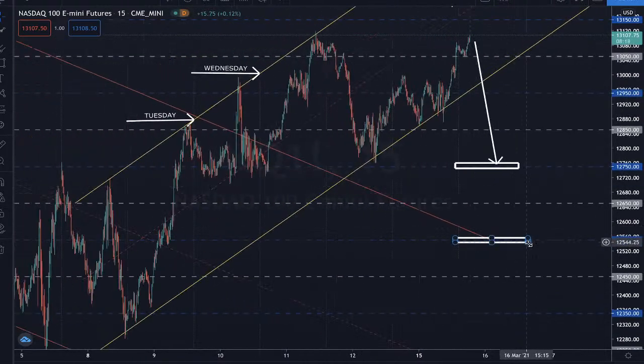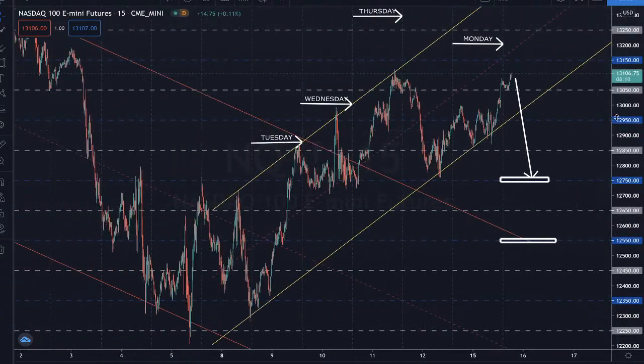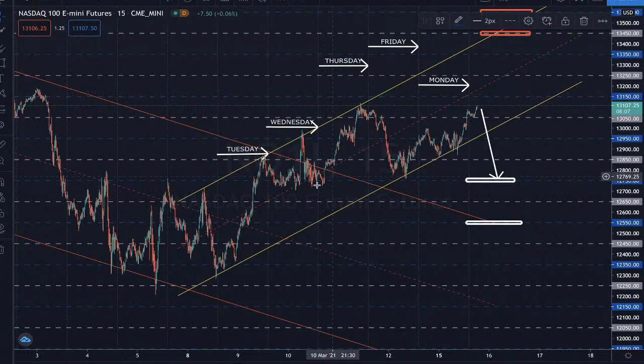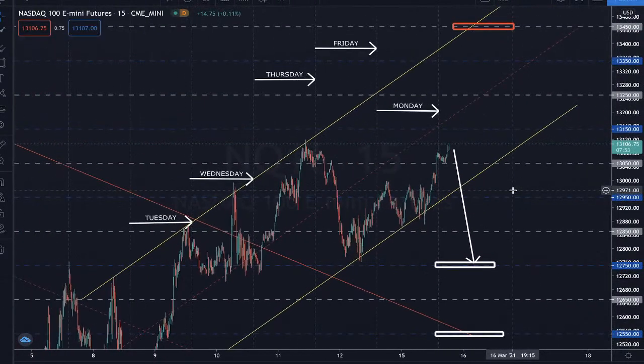And the next support will be at 12,550, which is there because it will correspond with the retest of this old channel, the bearish channel that I've been talking about for the last 2 weeks, and we're finally out of that channel. Everything is looking good for the bulls, and we'll see what happens, guys.